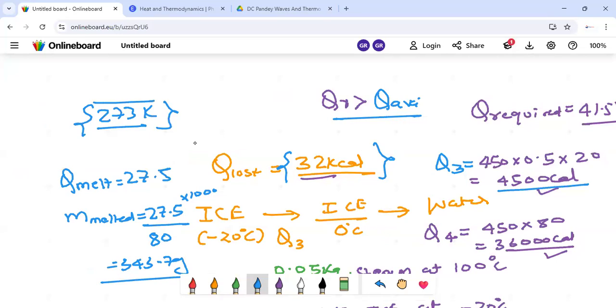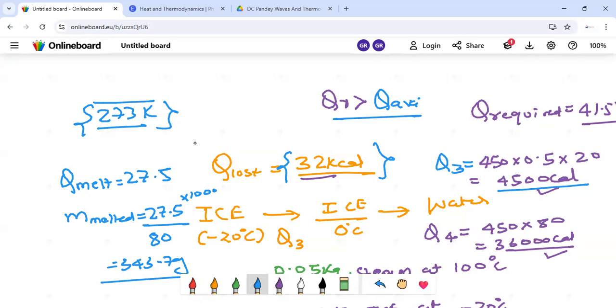Can you explain why the mass of melted ice is 27.5 divided by 80? Yeah, sure, beta. Gaurangi, tell me one thing. I'm using you because others will also understand in that way. How much heat is available for ice to come up to 0 degree and then melt? 32 kilocalorie, right? Yes.